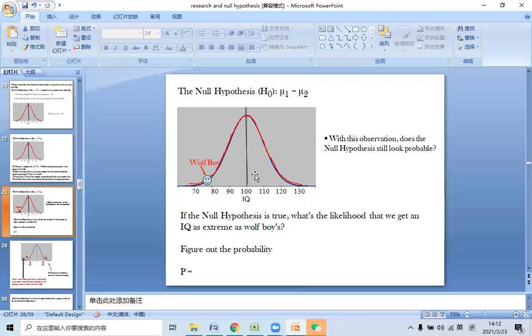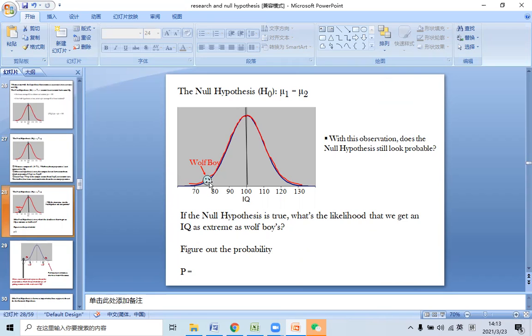So the z-score will be negative 2.5. Really low, very, very low. We can look up the particular probability, the p-value, from the table, but we know it's low.